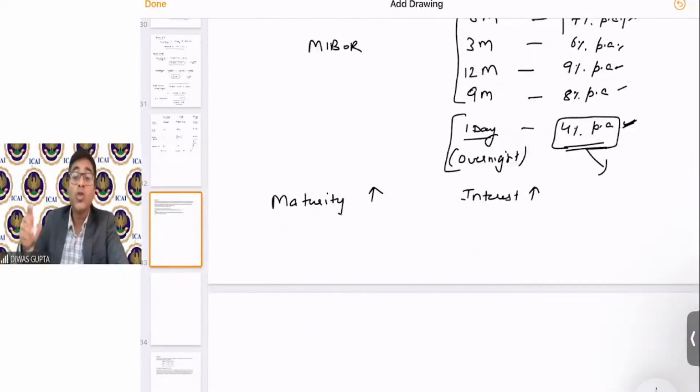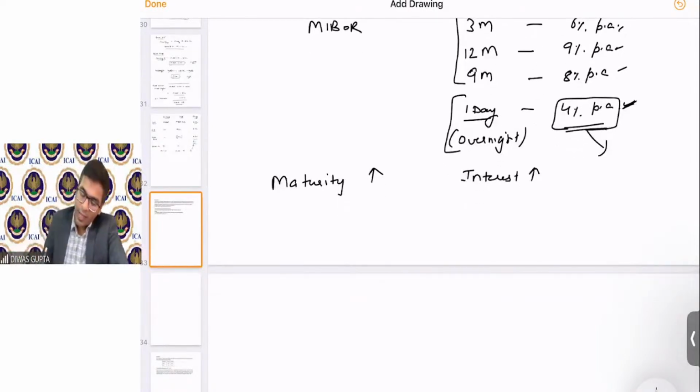This rate also keeps changing on a daily basis, right? Because time value of money will also change this rate, correct? So the overnight rate also keeps changing on a daily basis. That is called the overnight index. And if I swap that overnight amount with a fixed interest, it is called an overnight index swap. I hope it is clear.